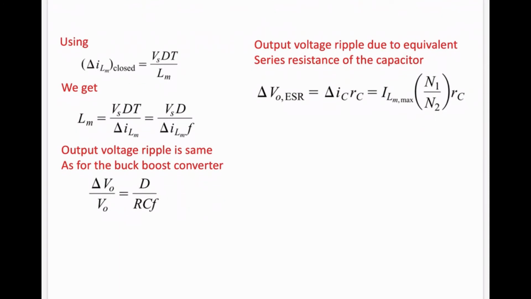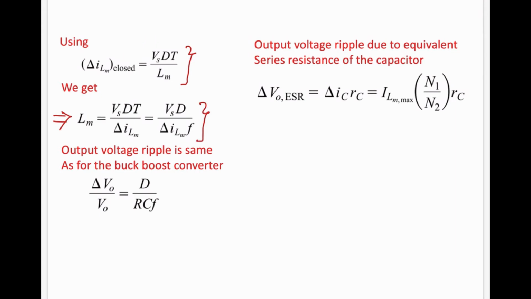Now using the closed state of your switch, we have the expression for delta I, the current ripple of your magnetization branch, and rearranging it, we can find the expression for the inductance, that is equal to VsD into T by delta ILM, and writing T in terms of frequency.